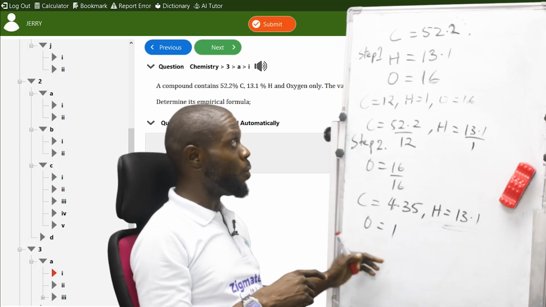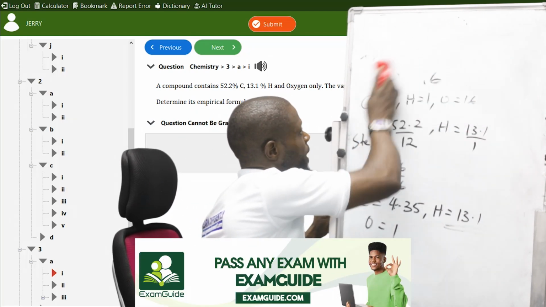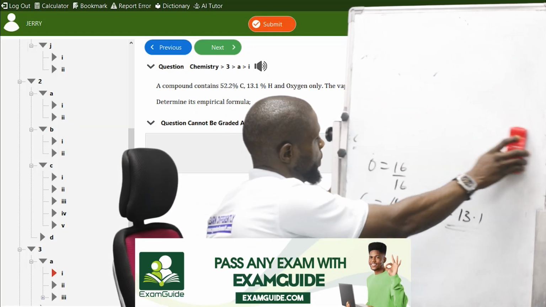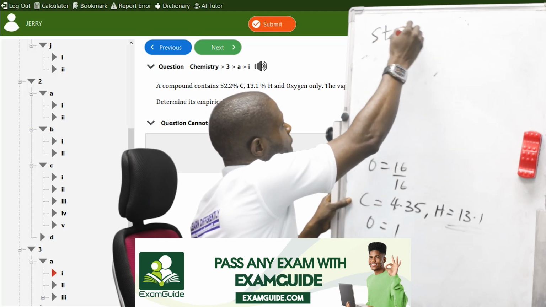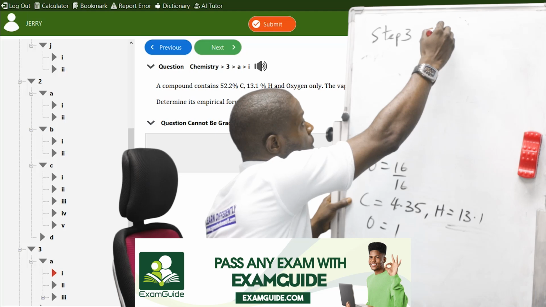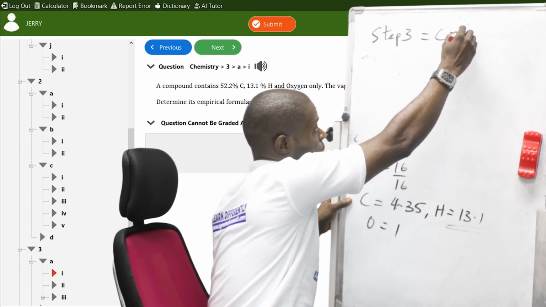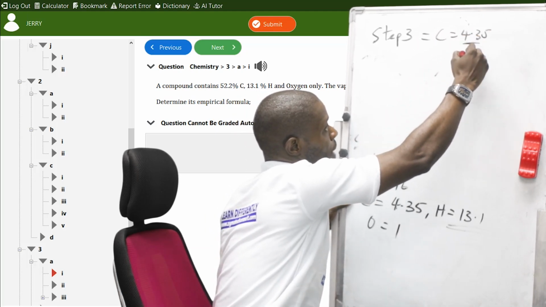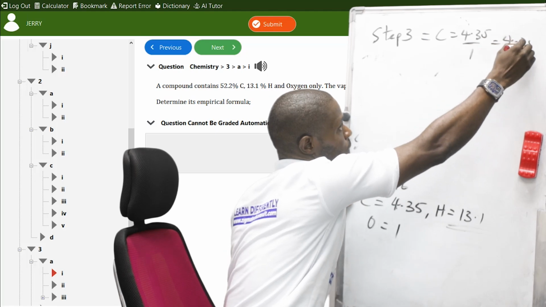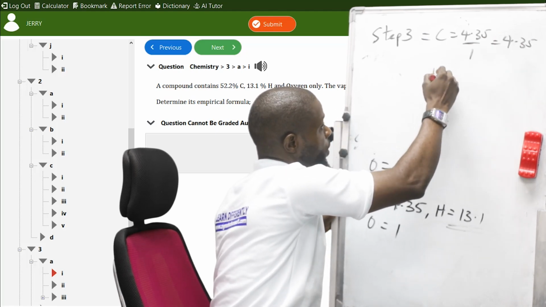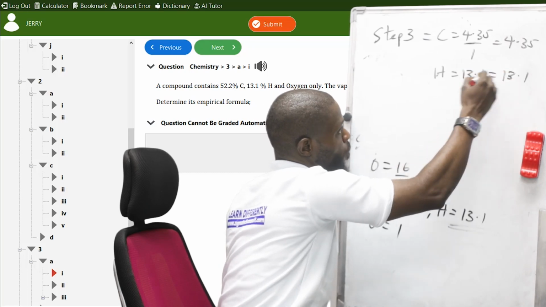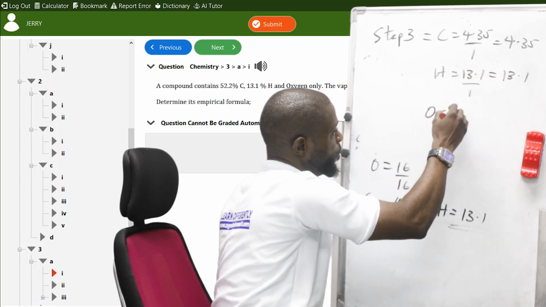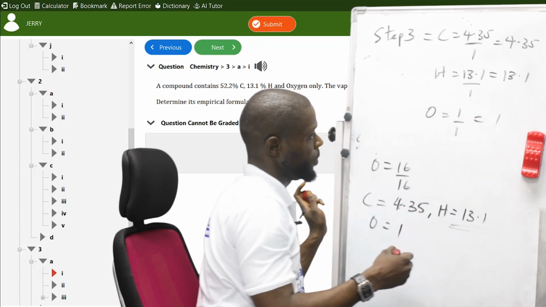So, step 3: carbon is 4.35 divided by 1, which is 4.35. Hydrogen is 13.1 divided by 1, which is 13.1. Oxygen is 1 divided by 1, which is 1.